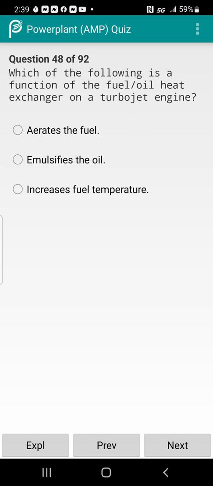Which of the following is a function of the fuel oil heat exchanger on a turbine engine?